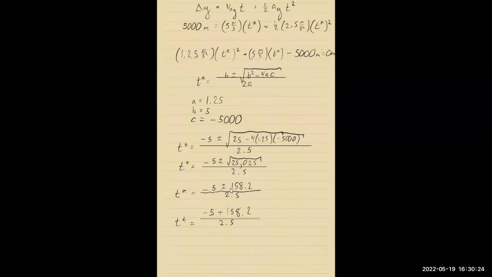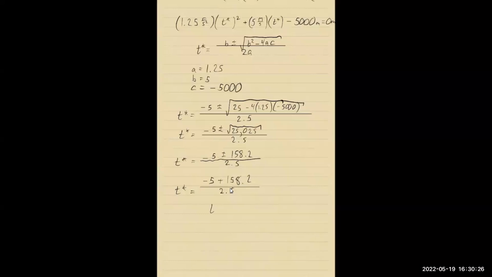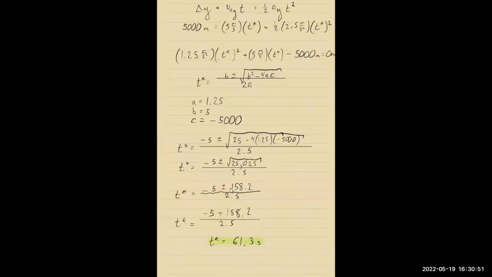And so this gives us a time, t star, of about 61.3 seconds. All right, so this person did 10 kilometers in about a minute, which seems kind of fast, but who might I judge? Okay, so that's part C.